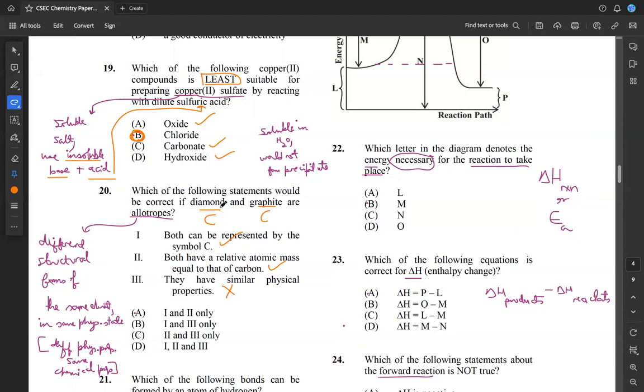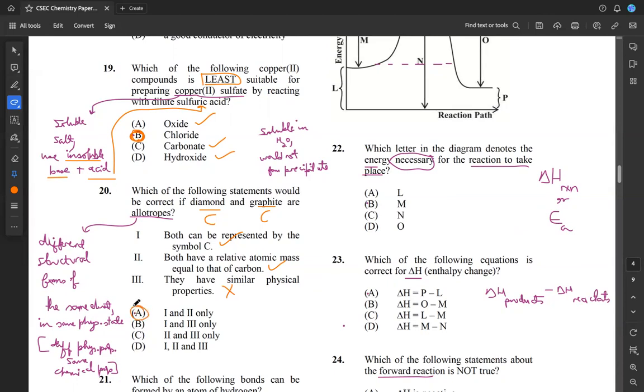We know that diamond is hard and graphite is soft and greasy. Diamond doesn't conduct, and graphite conducts. Those are all physical properties that come from the structure and bonding, and the fact that they're different. So they're not going to have similar physical properties. So 3 is not correct, but all the others are correct. And so our answer for 20 will be 1 and 2, so that's A.